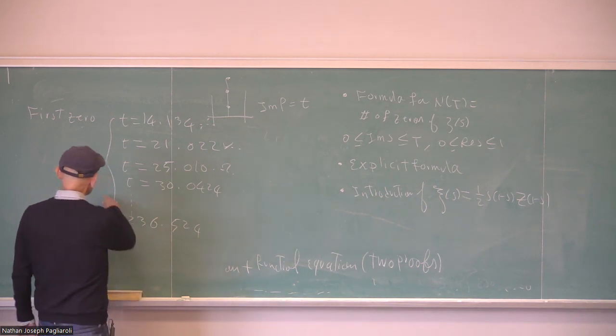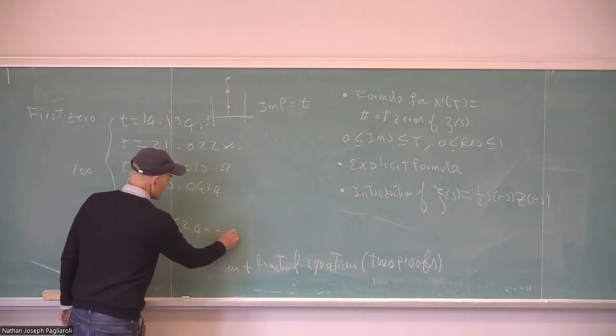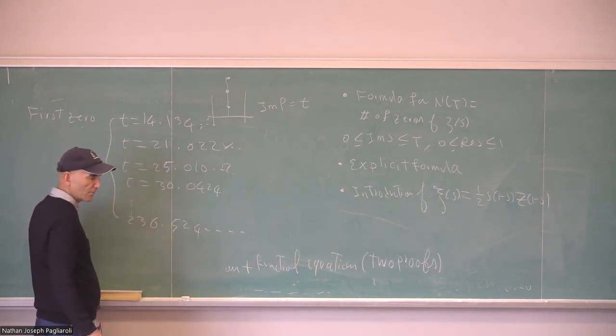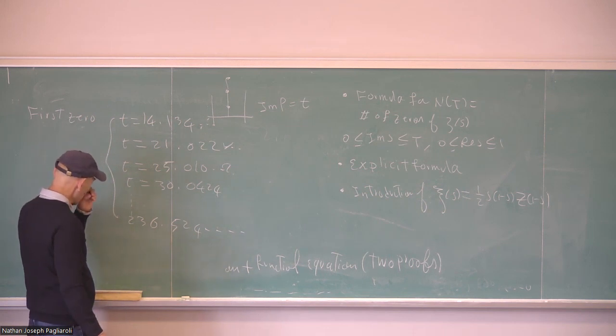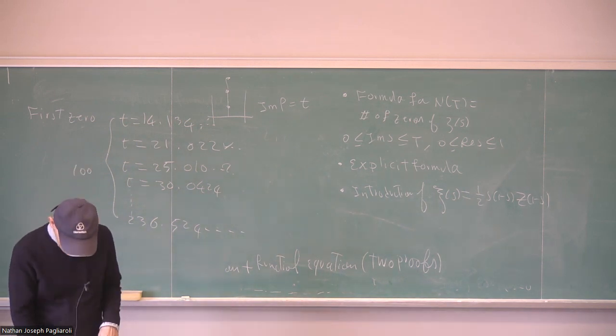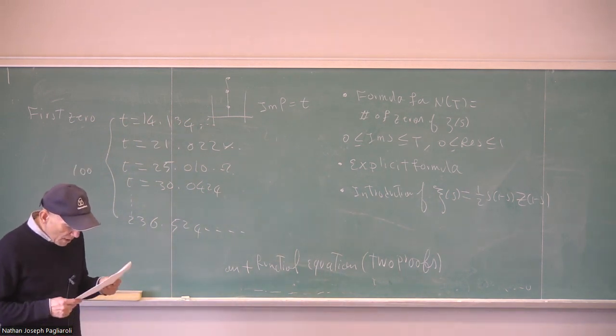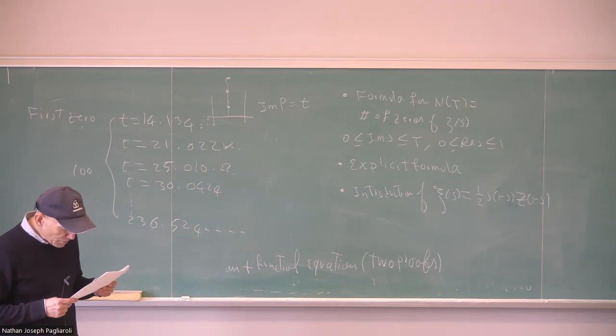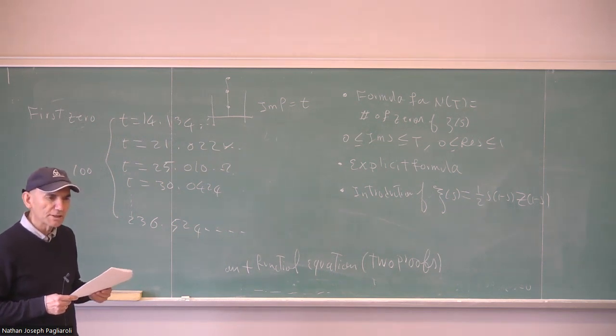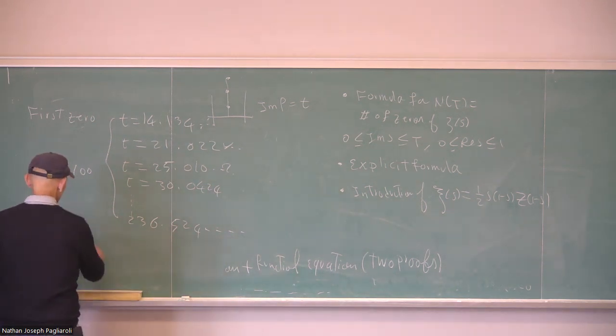So this is the first 100, and these numbers go on, as far as we know. I believe up to 10 to the 23 zeros have been calculated.